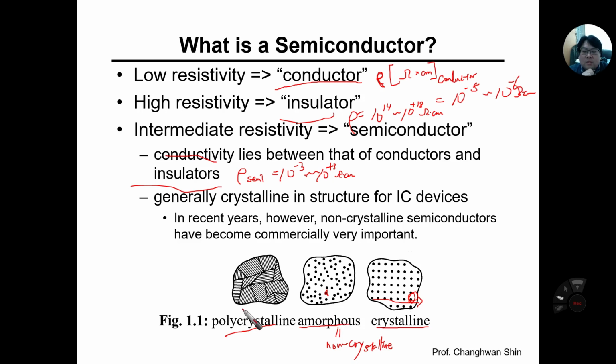What about the left side one, polycrystalline? I would say here, locally, all the silicon materials are regularly placed. And take a look at this specific area. So all the silicon atoms are placed along a certain direction. But compare the direction in this area and that area.